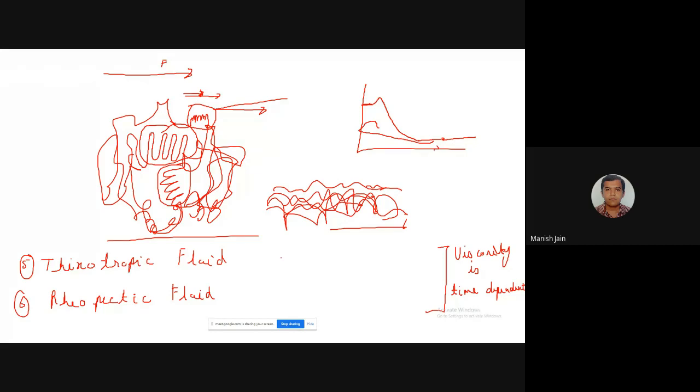So in the thixotropic fluid the viscosity increases with time, and in the rheopectic fluid, viscosity decreases with time.